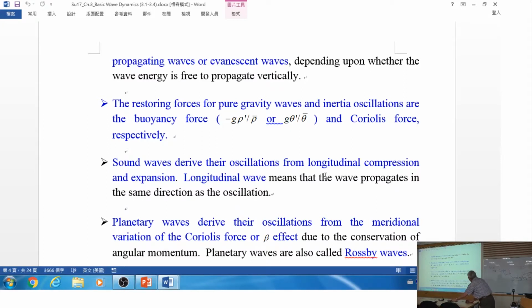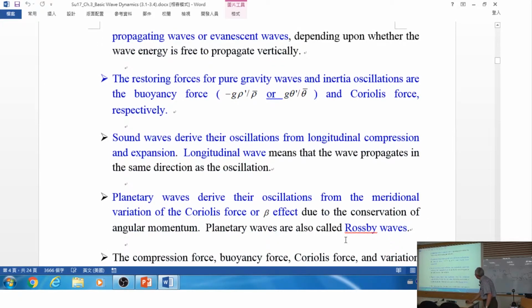Planetary waves derive their oscillations from the meridional variation of the Coriolis force, which is what we call the beta effect. This is the Coriolis parameter, and that gives us the Rossby waves. Those are probably not much new to you; I believe you have some background on this.